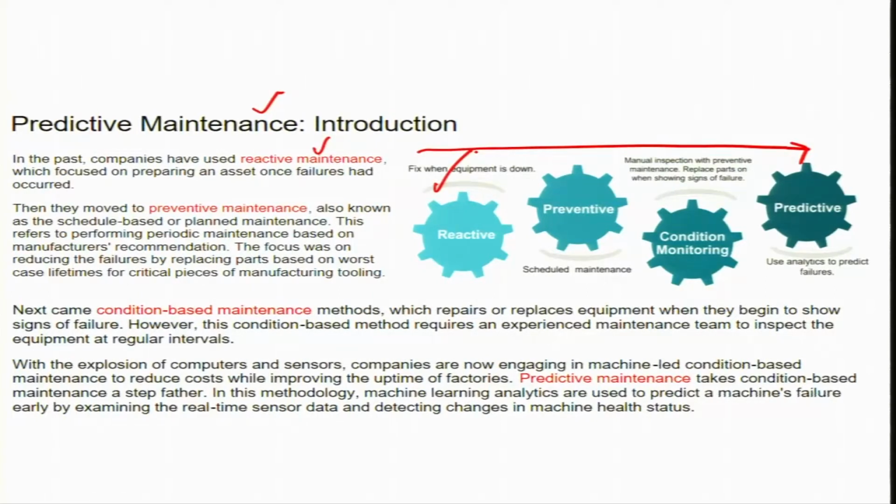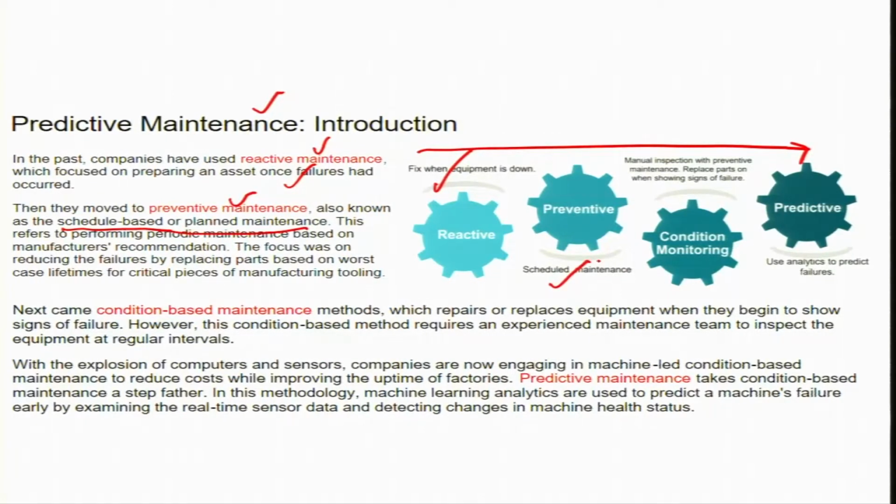Reactive maintenance, when the equipment is down, focuses on repairing the assets once the failures have occurred. This will stop the functioning of the machine in the factory environment. Then they thought of improving this downtime using preventive maintenance. Preventive maintenance is also called schedule-based or planned maintenance.